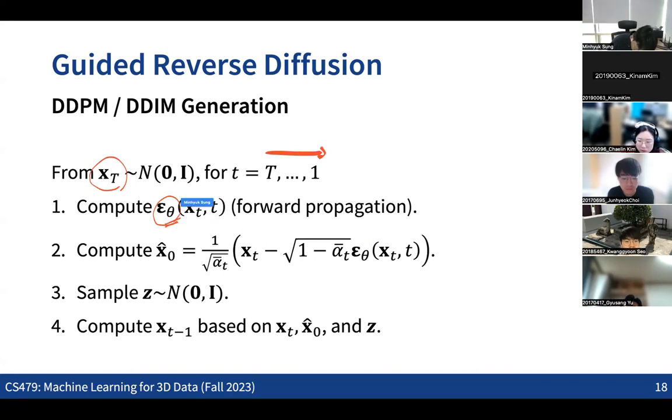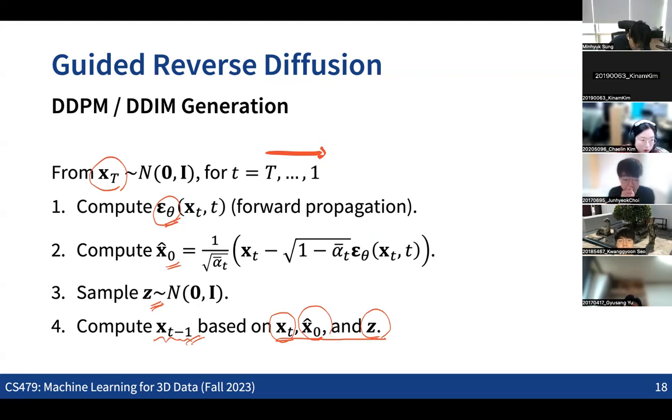Based on that, we get a prediction of the final output, x_0. Then we sample noise from the unit Gaussian. Based on these three pieces of information, the current noisy image, the prediction of the final output, and the noise sample from the unit Gaussian, we compute x_{t-1}. That's the common reverse process for both DDPM and DDIM.